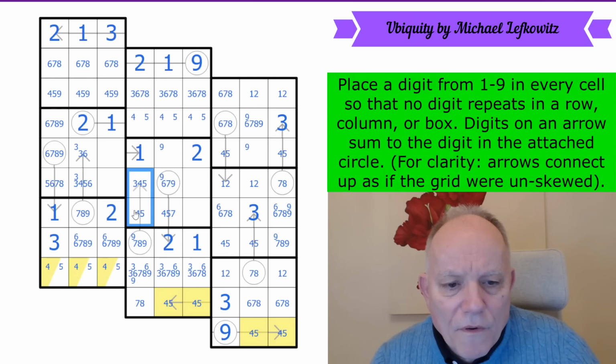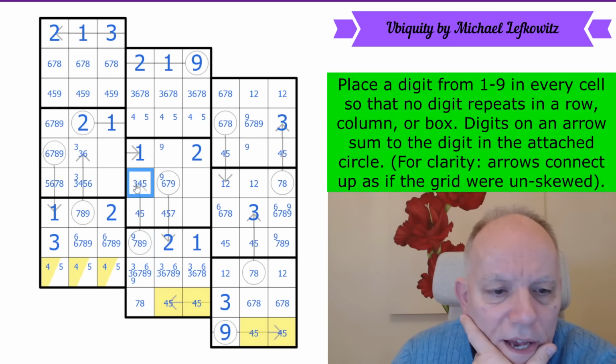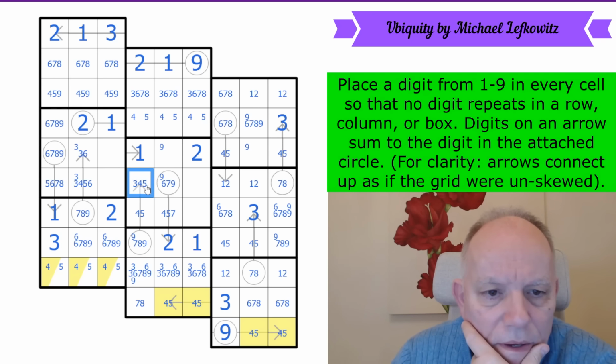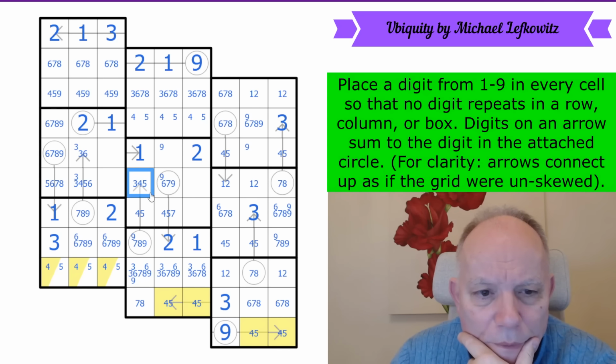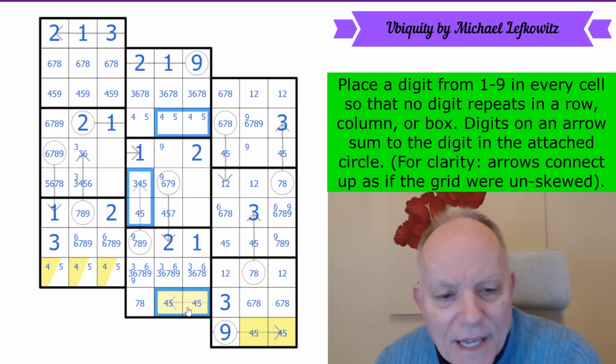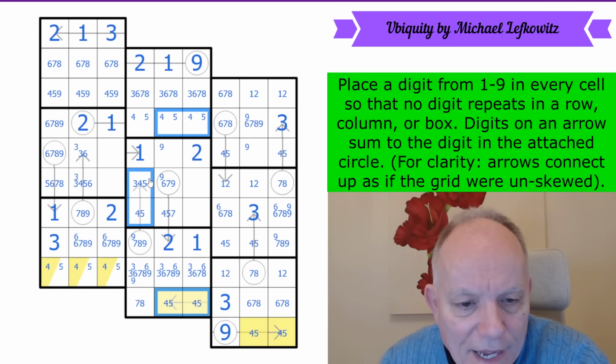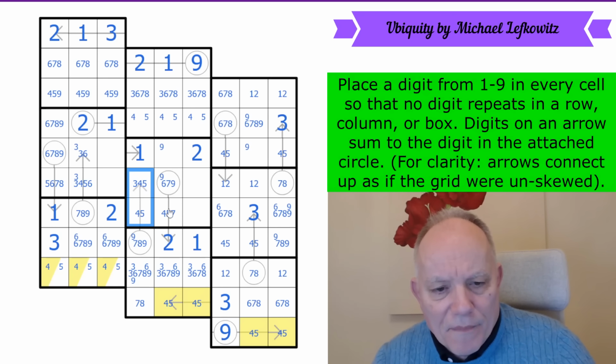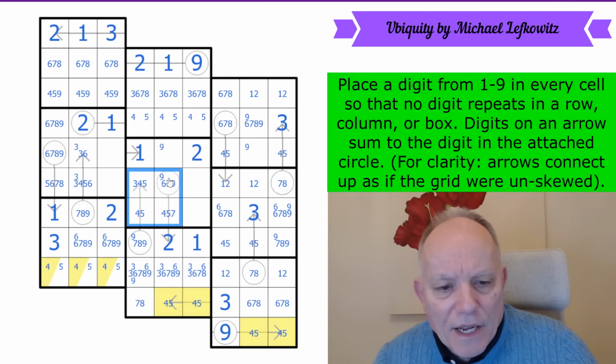This is either a 4-5 pair leading to a 9, or that's a 3, which is what I think the outcome will be. If that was a 4-5 pair, you'd have an unresolvable 4-5 pair here. Also, if that was a 4-5 pair, this would be 7, 9.